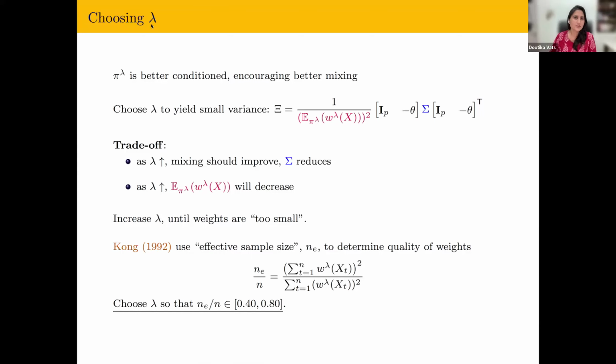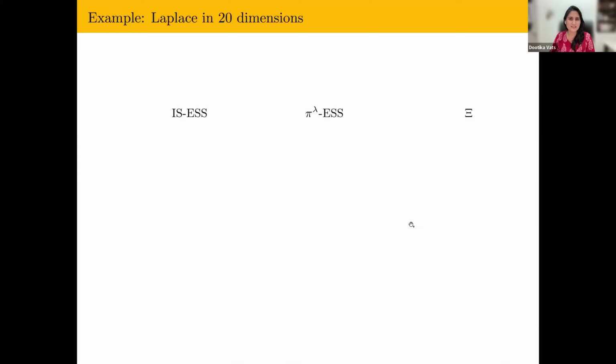Okay, so let's see whether choosing lambda in this way makes any sense. What I do is take the Laplace distribution in 20 dimensions.